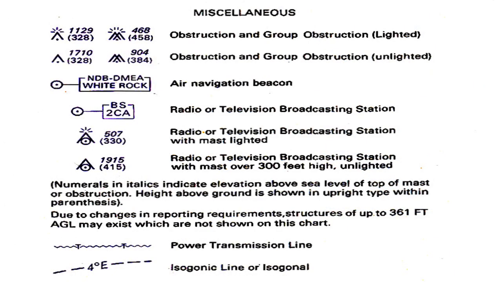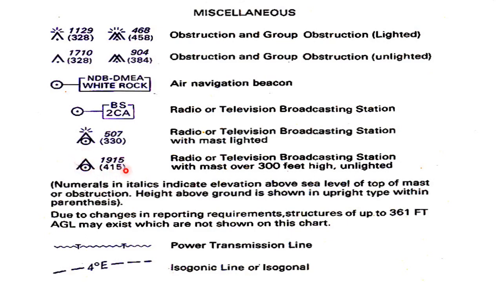On an aeronautical chart, the information of use is for navigating through the air. Obstructions, or a group of obstructions, beacons, broadcasting stations, a combination of the two, a broadcasting station with a lit mast, and a broadcasting station with a mast over 300 feet high.